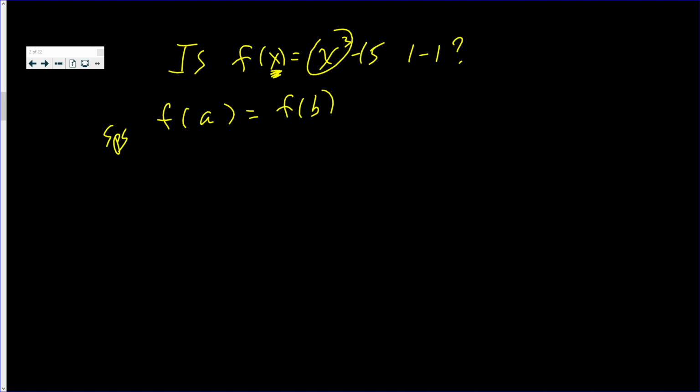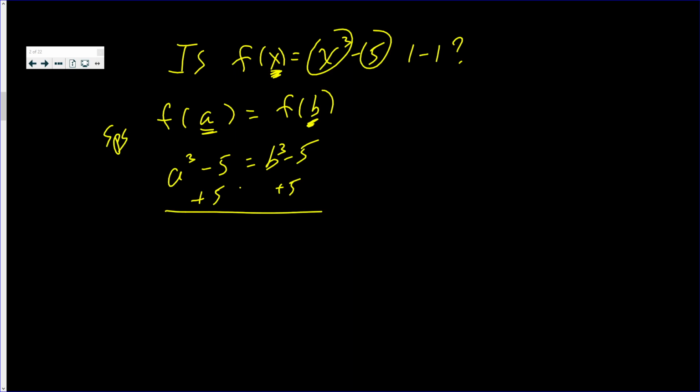It cubes it and takes away 5. Okay, I'll cube what's in the brackets and take away 5. I'll cube what's in the brackets, take away 5. Now I'll add 5. So I get a cubed is equal to b cubed.